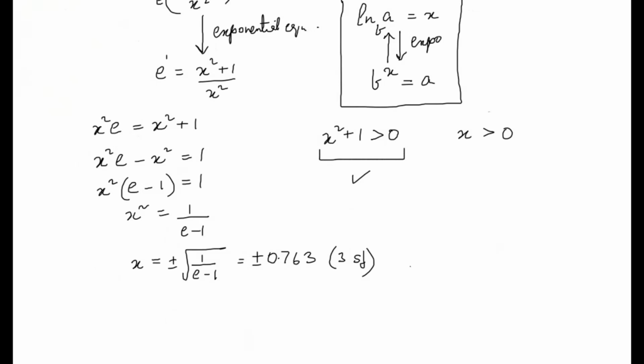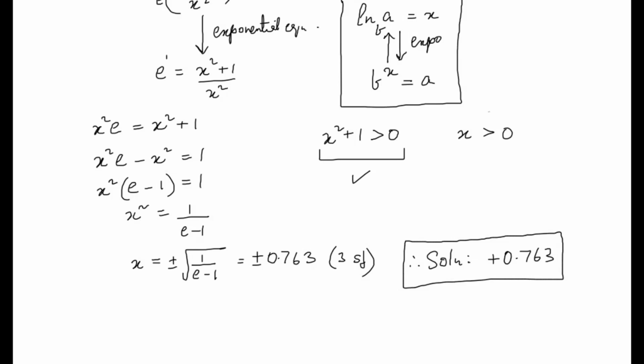Therefore, the solution is only plus 0.763. If you were to write plus minus 0.763 because you forgot to look at the domain and you forgot to cross-check or verify your answer, in that case, you would lose the entire solution mark.